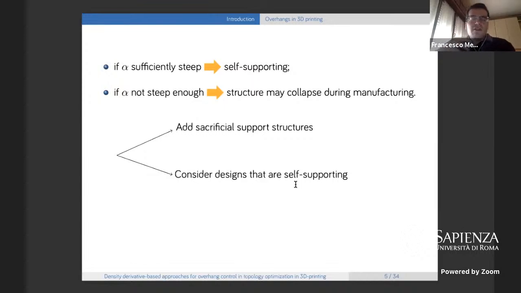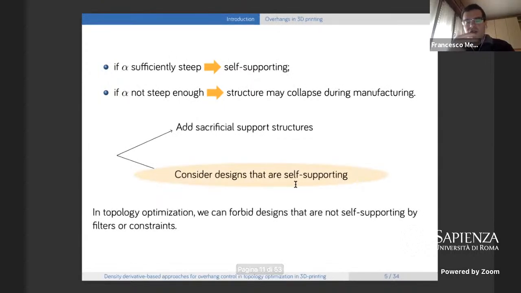The alternative is to consider designs that are self-supporting. We will focus on this second possibility, and in particular, if the design is the result of topology optimization, what we want to do is to introduce constraints or some filtering techniques, which forbid all the designs that present non-self-supporting boundaries from the possible solutions of our topology optimization problem.